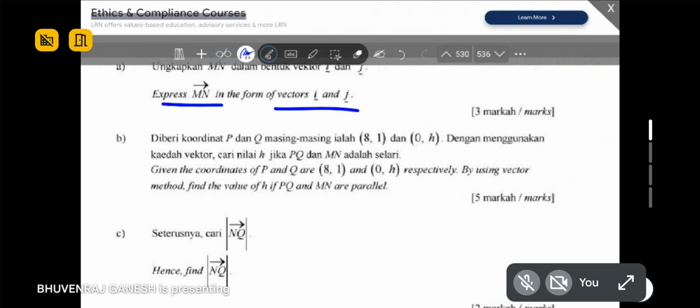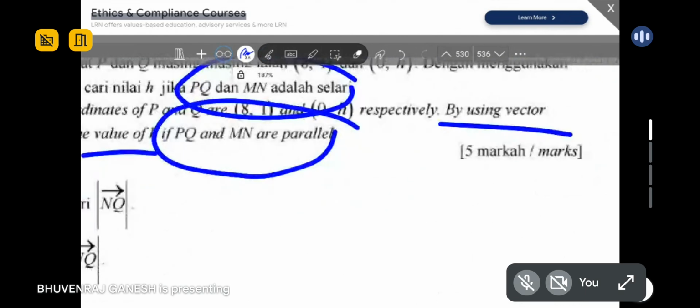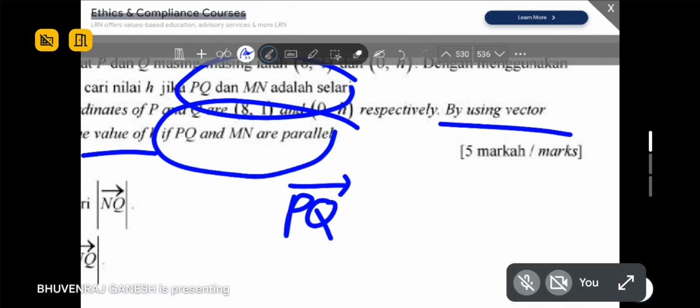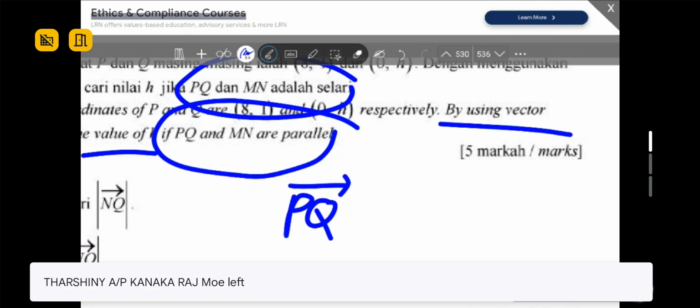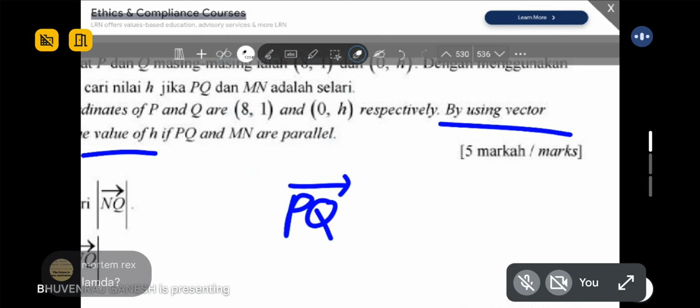Okay, next one. They ask you vector method. Find the value of h if they are parallel. Okay, guys. Salavi, what is the formula in vector? Do you all still remember? What is the general formula you will use? Try to recap. Salavi. This one is under the concept of parallel vectors.